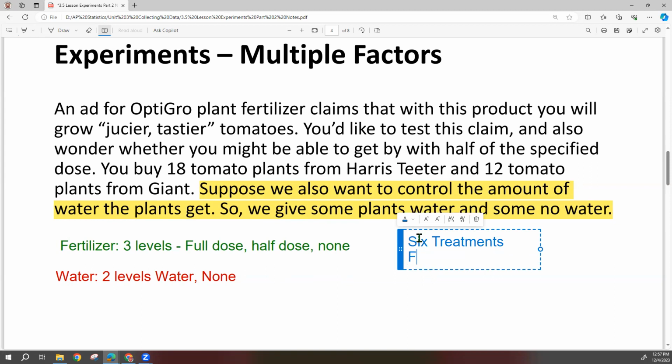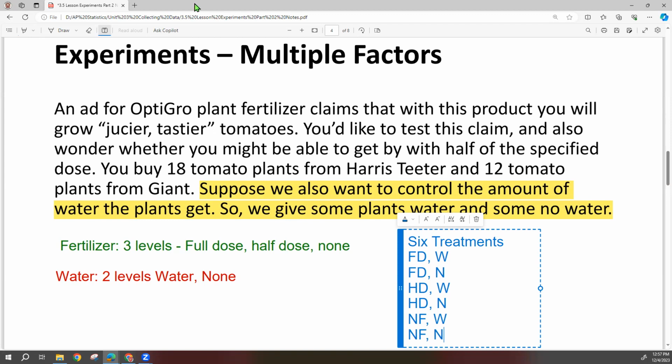So we are going to have full dose and water. We're going to have full dose, no water, half dose with water, half dose with no water, no fertilizer with water, and then no fertilizer with no water.